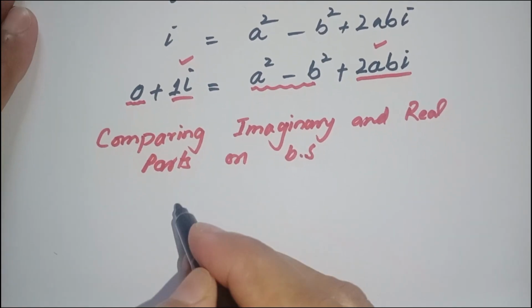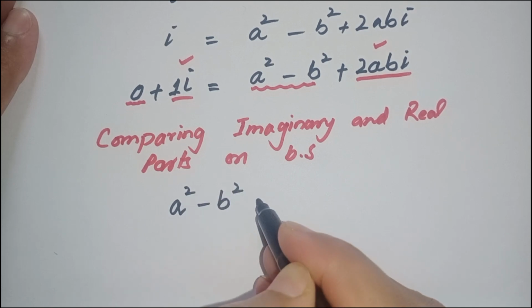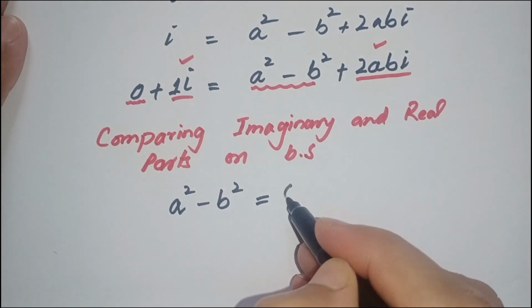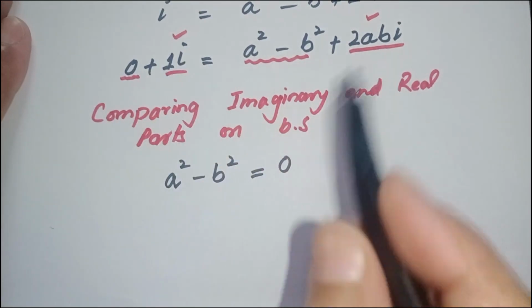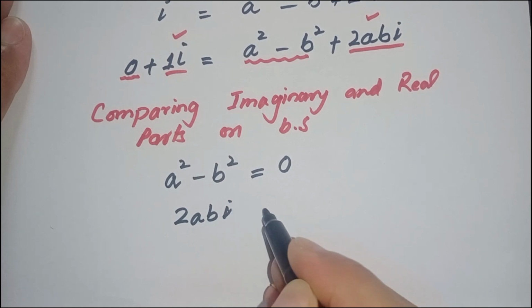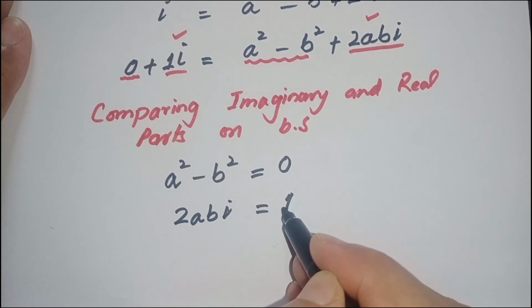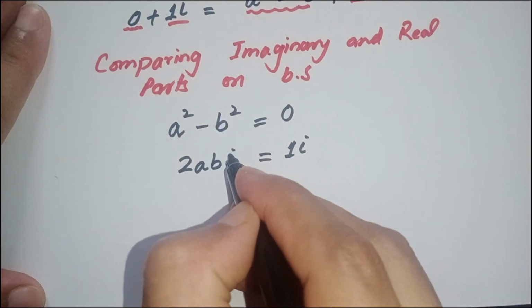When we compare them, we write a squared minus b squared is equal to 0, and 2abi is equal to 1 times i.